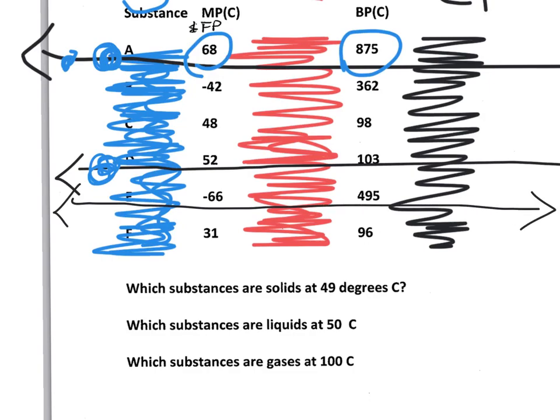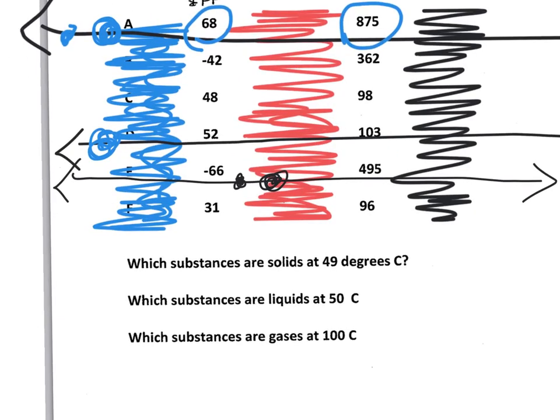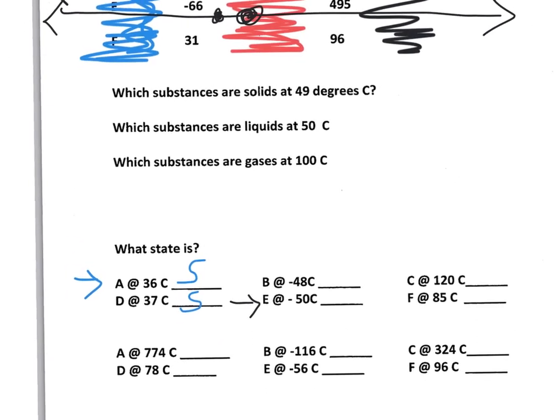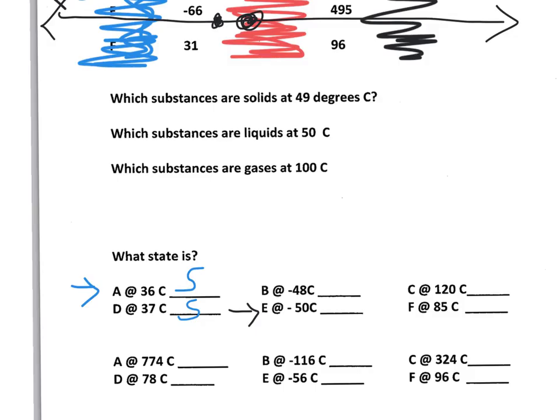Where would 0 be? 0 is going to fall somewhere in here. So negative 50 might be closer to that melting point, but it is not frozen. So on this one, we find that it falls in that red region, which would be a liquid.